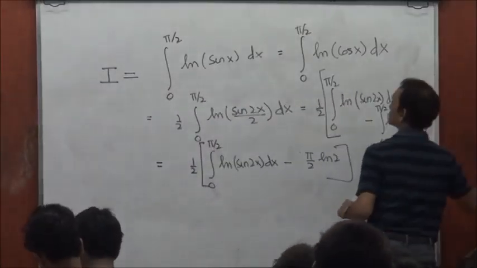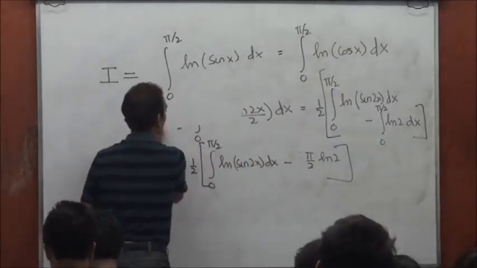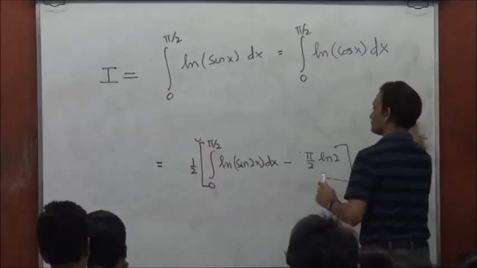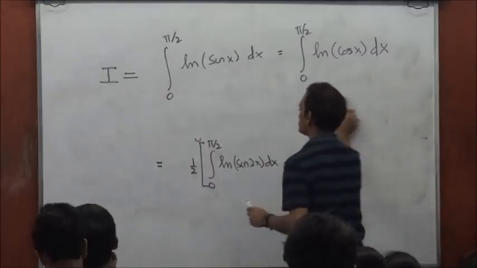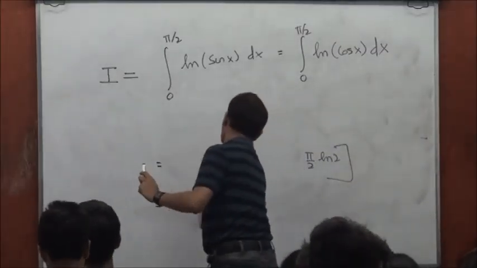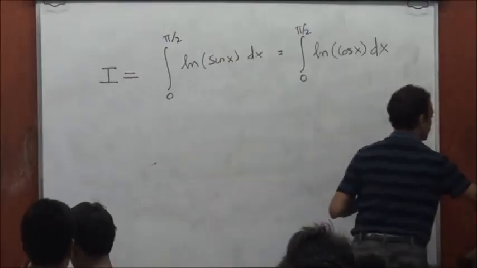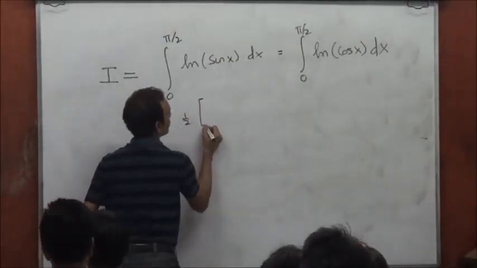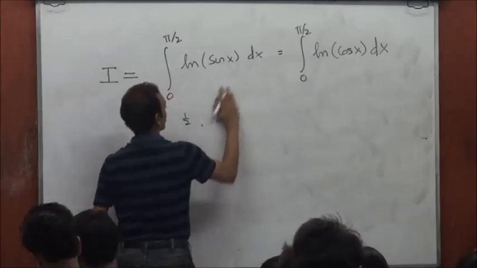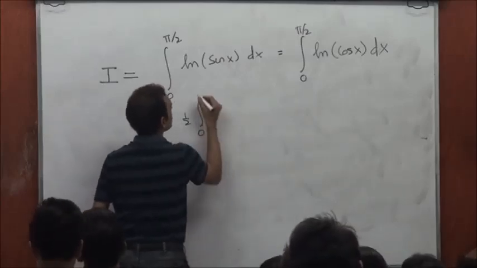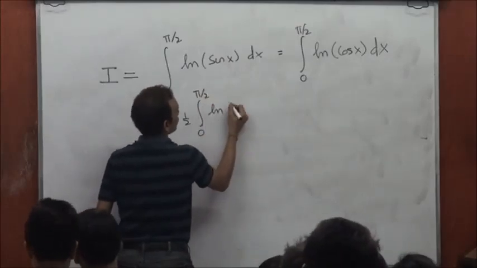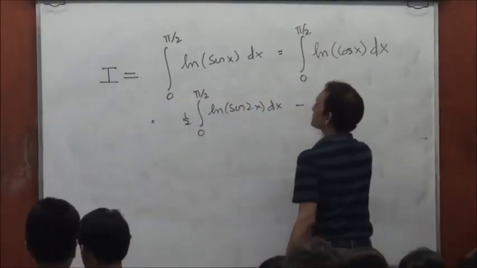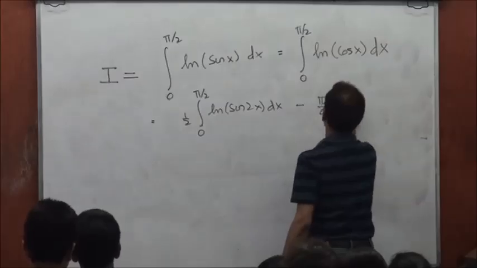Now, just to write it out, this is half of 0 to pi by 2 log sin 2x dx minus pi by 4 log 2, right?